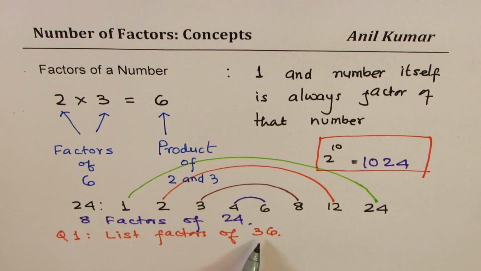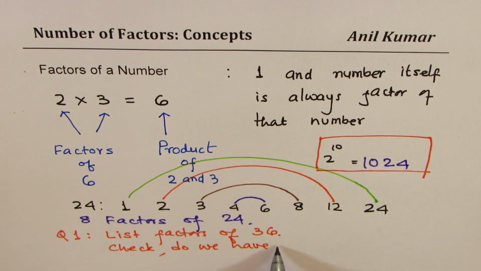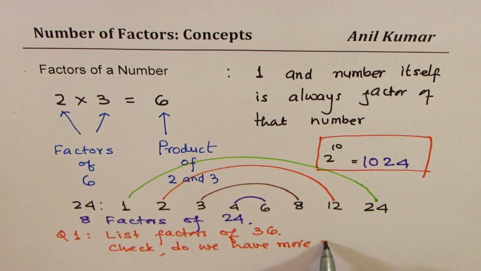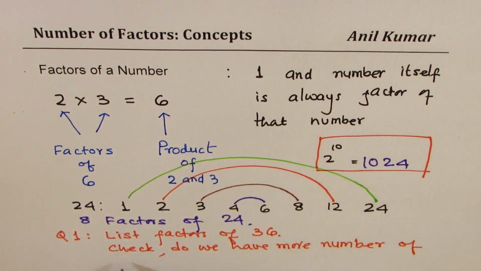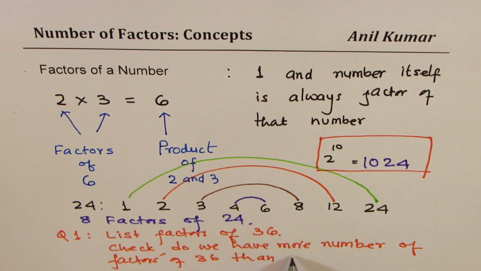Now, do we have more number of factors of 36 than 24? That could be interesting.